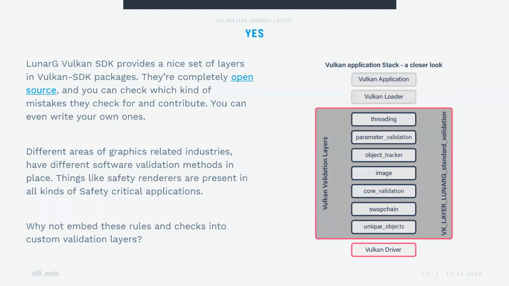Especially for cases where you have a project that has some specific requirements and you don't want to check for these requirements in the code, so you don't want to implement additional functionalities to constantly validate your code, you are also able to inject your own validation layers and, for example, run them for the debug builds and turn them off for the release builds, or any other way you would like to work with it.